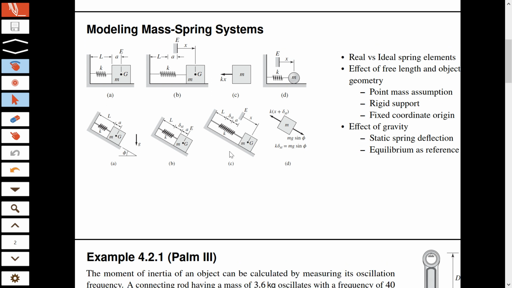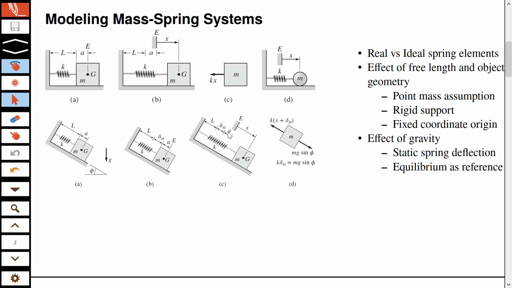And the purpose here is to actually decide when do we take the geometry of an object seriously and how important a role it plays in the equations of motion.